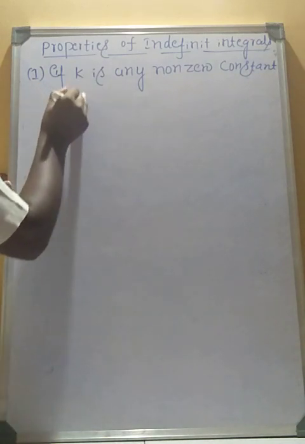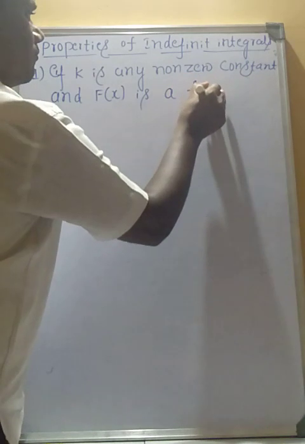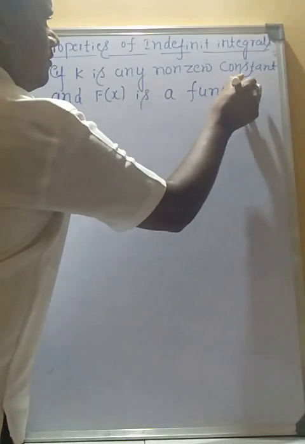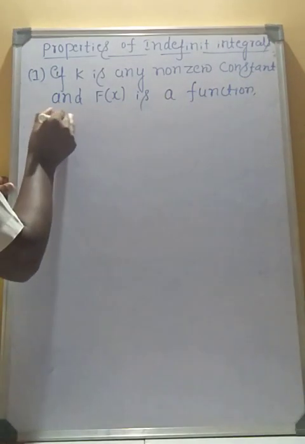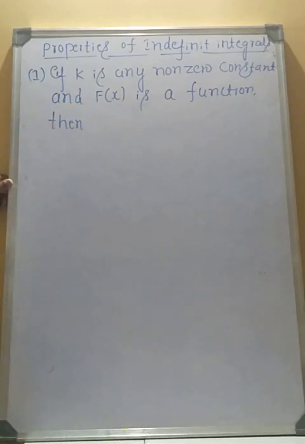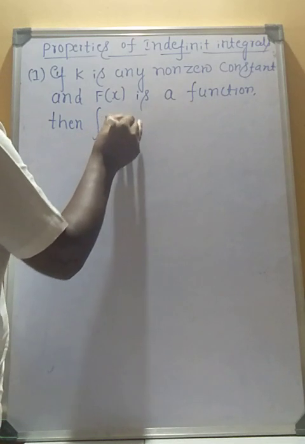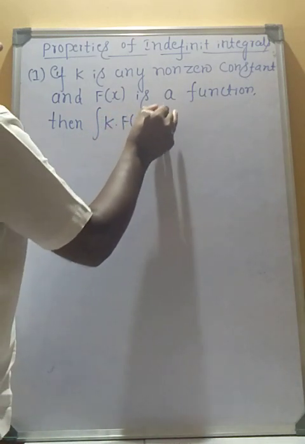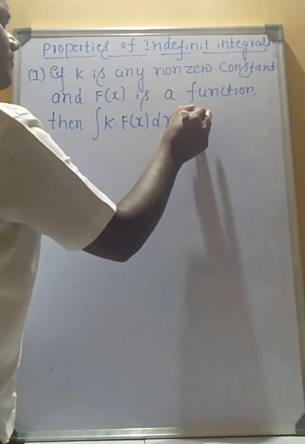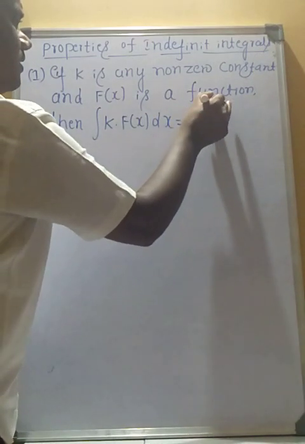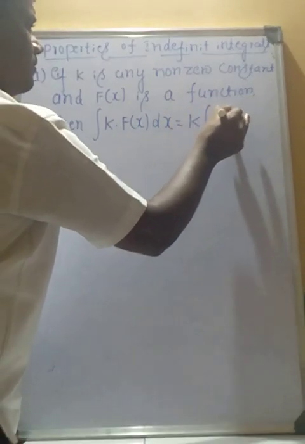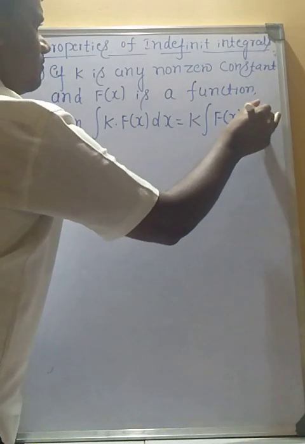and f of x is a function, then integral of k into f of x into dx is equal to k into integral of f of x into dx.